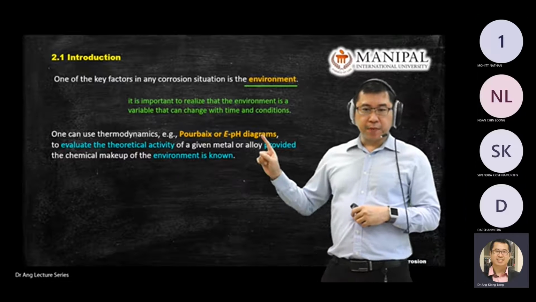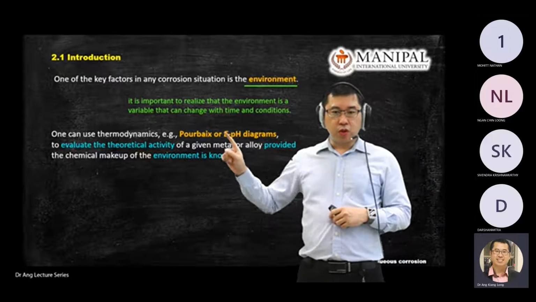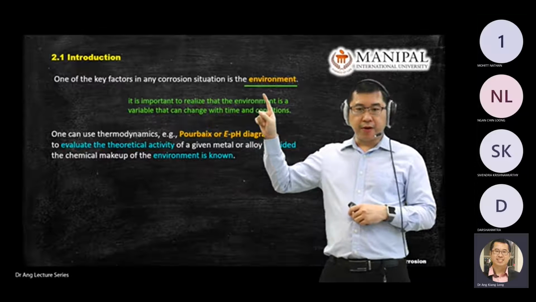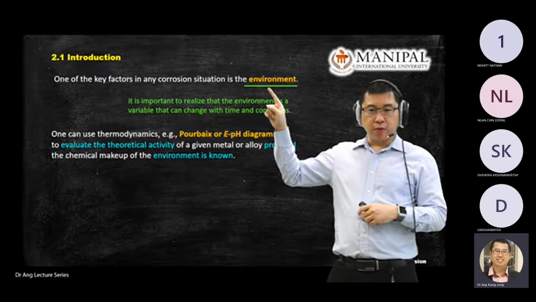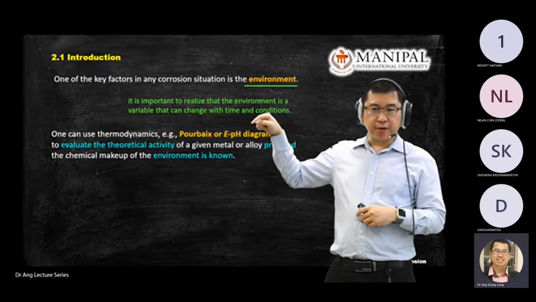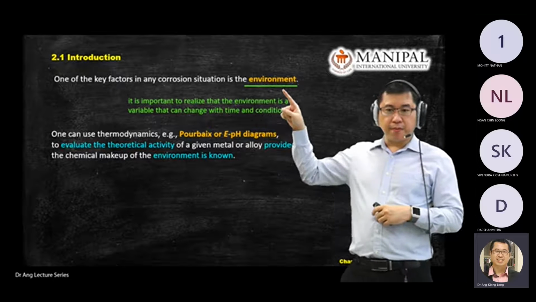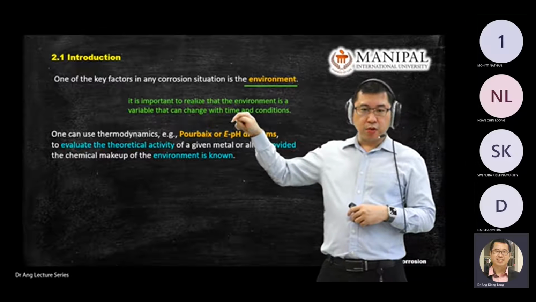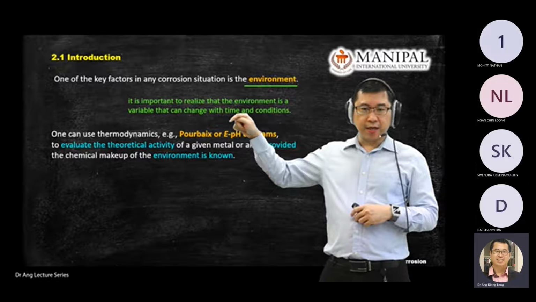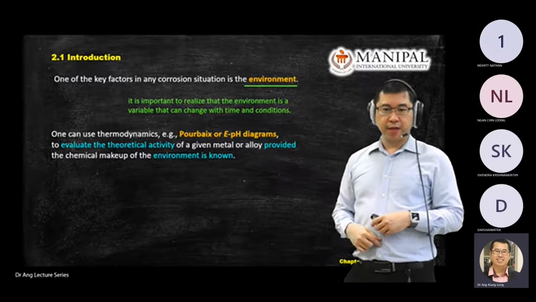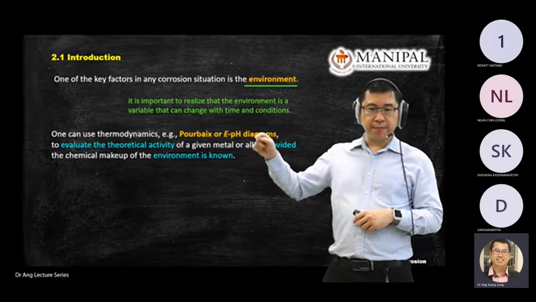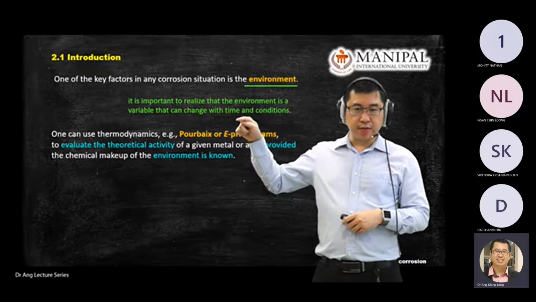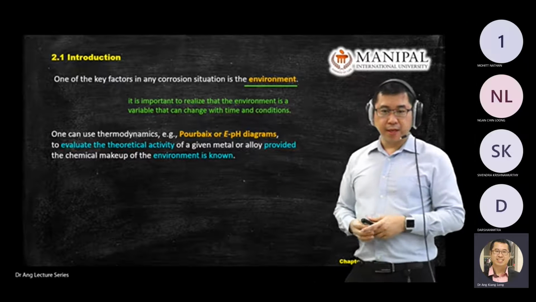Because when you use this pH diagram, you need input from the environment, so that you know what your pH value is, you know what your E value or energy value, or voltage value is. So later I'll let you see what a pH diagram is.